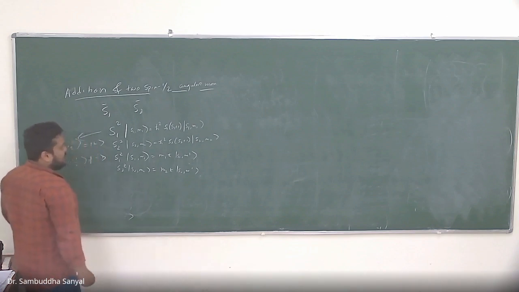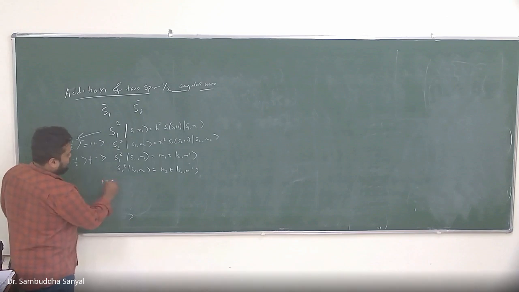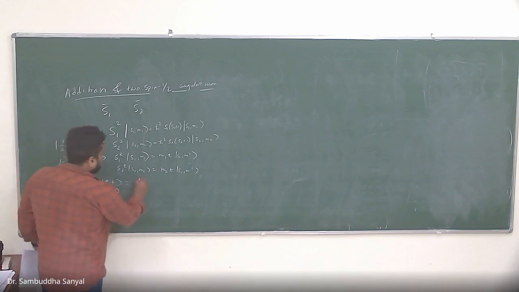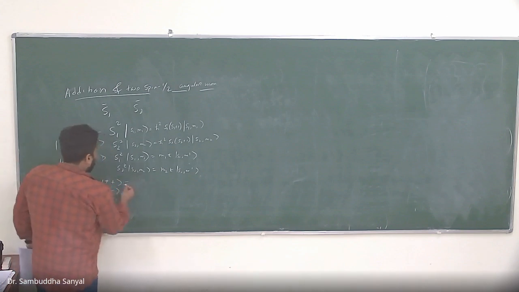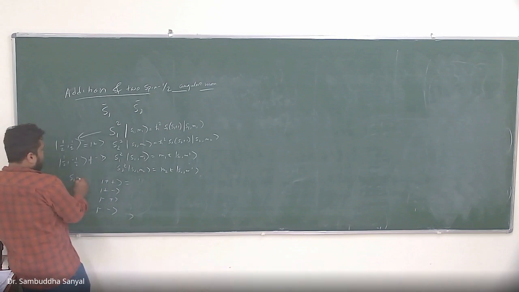So if I want a joint eigenset, I can now construct it: plus plus, plus minus, minus plus, minus minus. Now this plus plus is written in the form S1 M1 S2 M2.